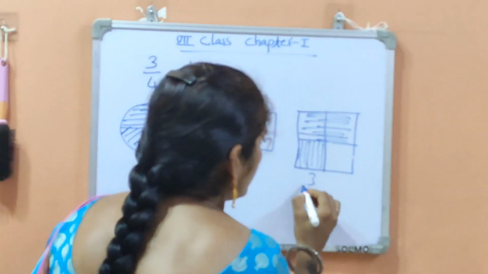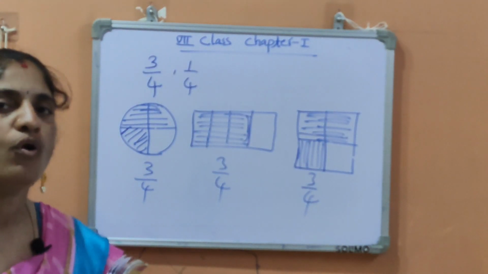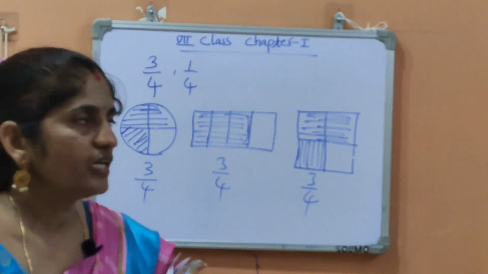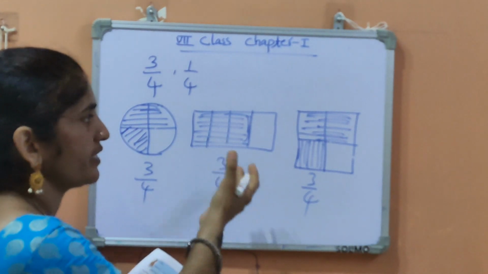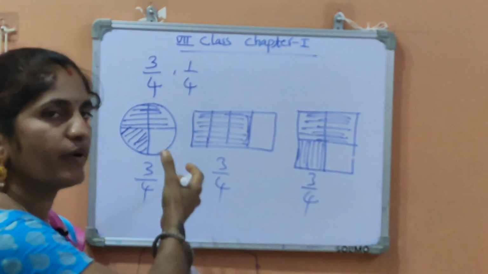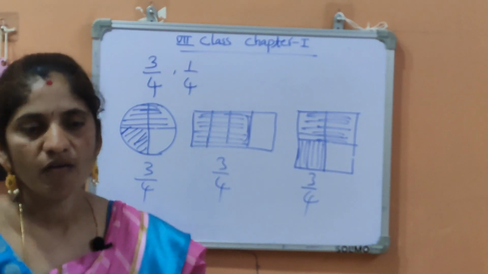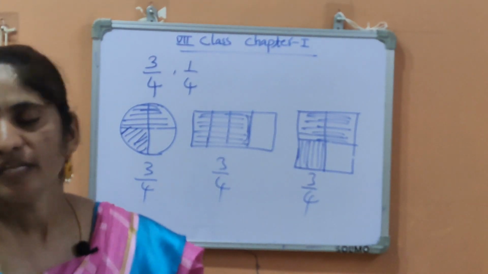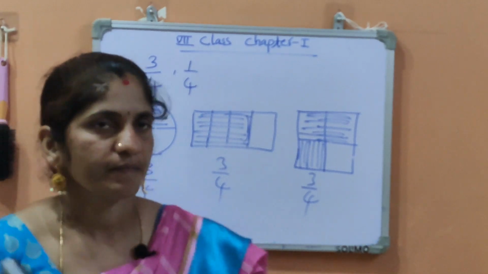So this is also 3 by 4. So we can show it pictorially by taking a rectangle, a square, a circle, or any other picture. Okay.